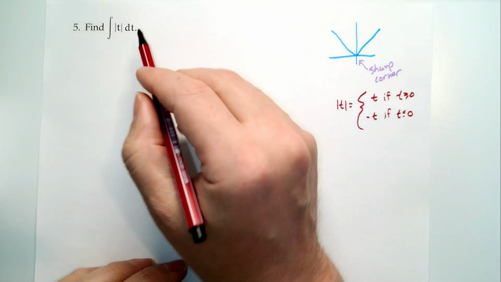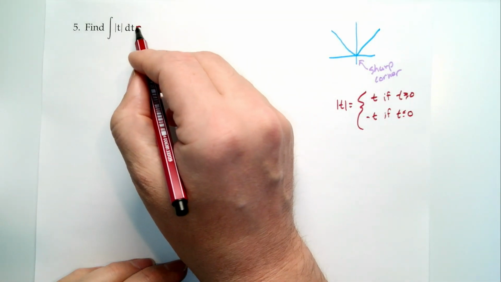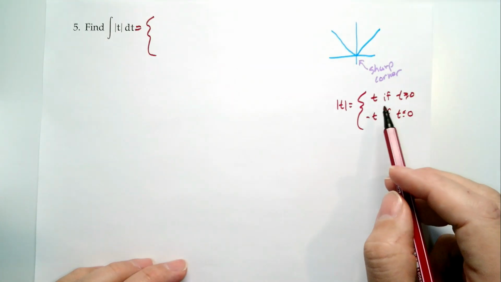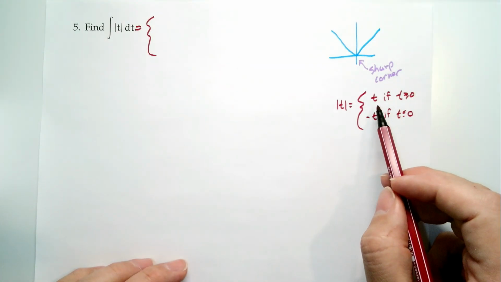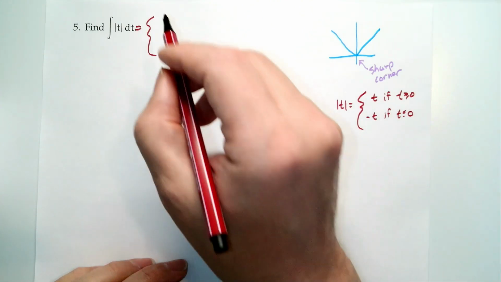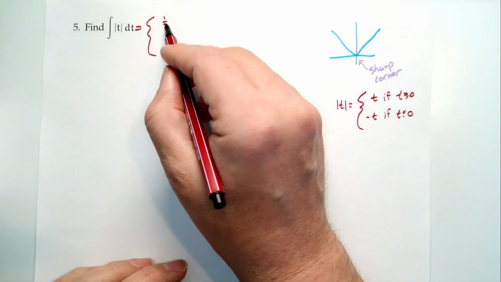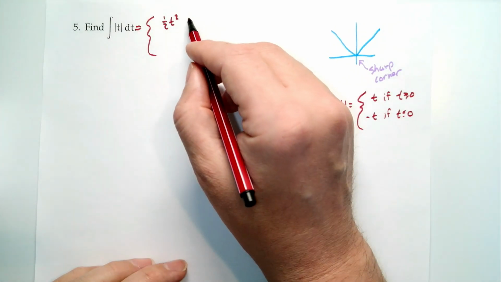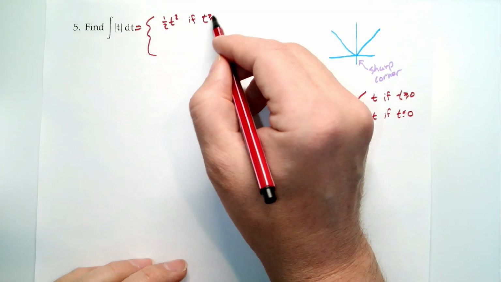So we could say, look, if we're going to take our antiderivative, we'll do it piecewise. So what would we have? Well, what's the antiderivative of t? Now I'll assume we're positive. It would be 1/2 t squared. All right? And that's if we were greater than or equal to 0.